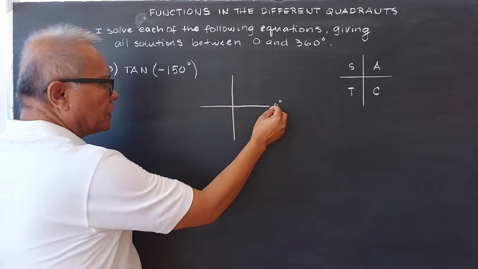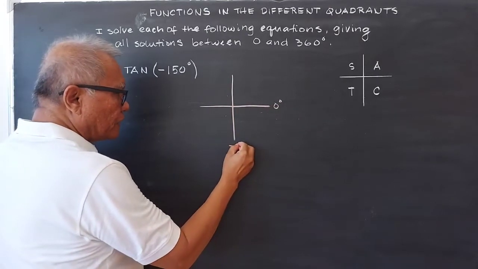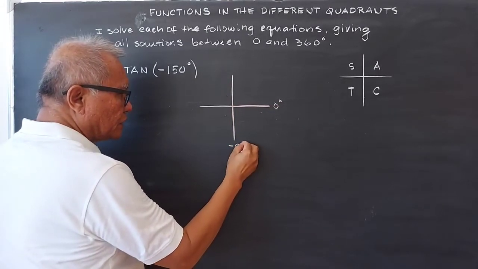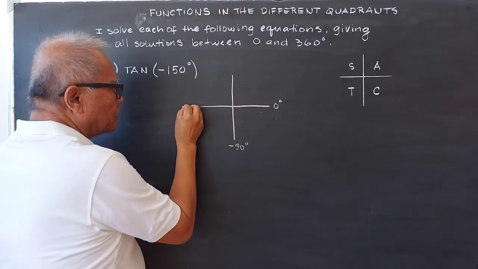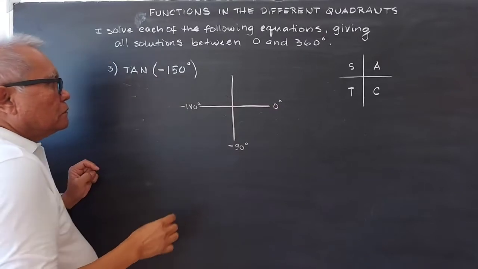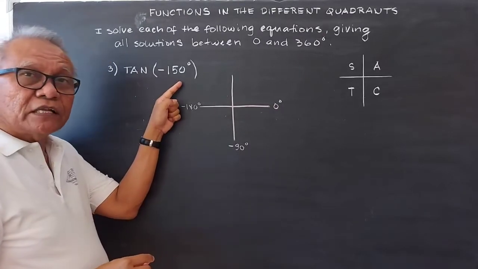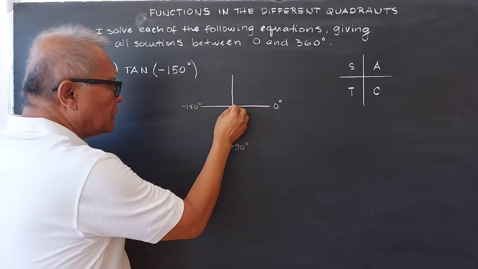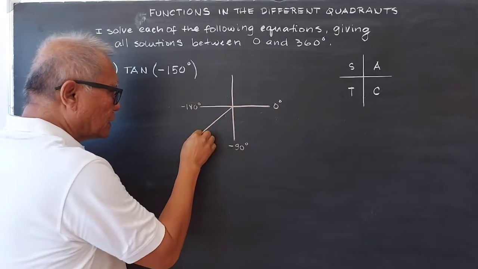So we have 0 here, negative 90 degrees here, negative 180 degrees here. So that negative 150 degrees will be in this quadrant.